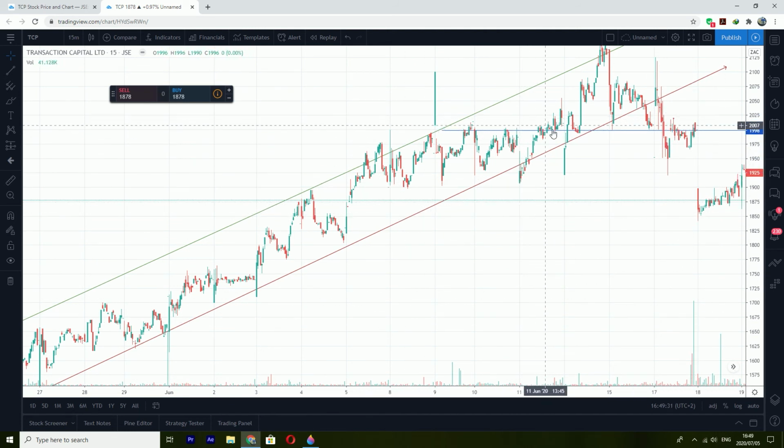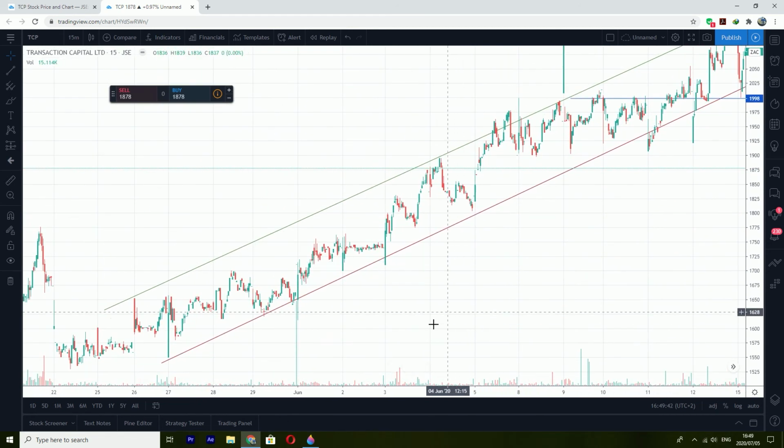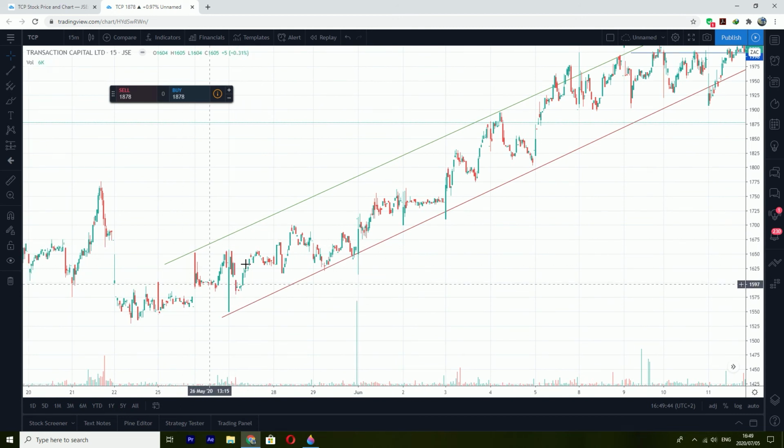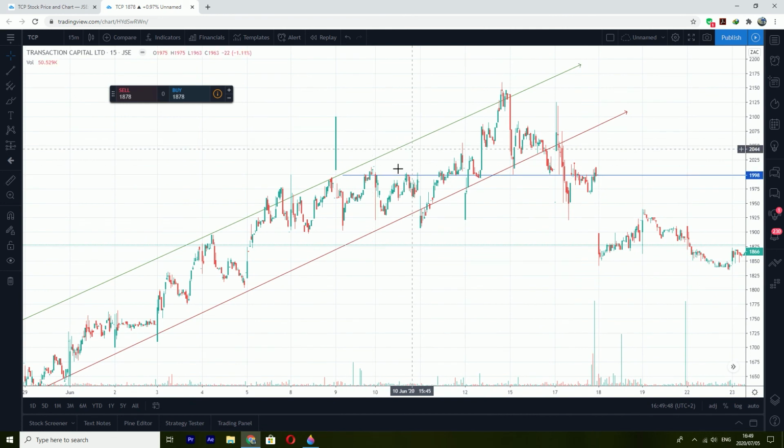You've got your false breakthroughs, just like your normal support and resistance. This was a very big false breakthrough. There must have been some good news there. You have your false breakthrough there as well. So like I said, same rules basically apply, but chances are you won't see the reversal where if you break this line it becomes a support.